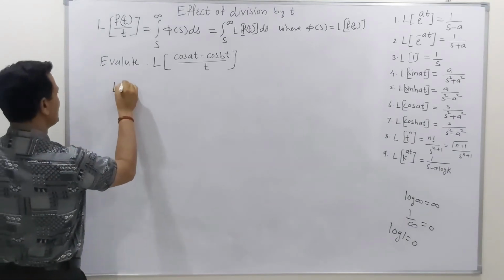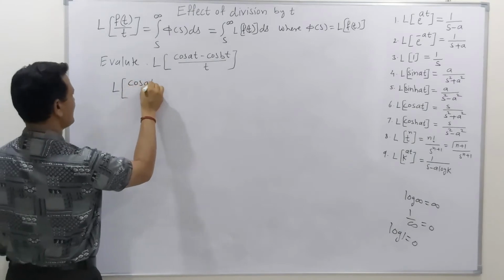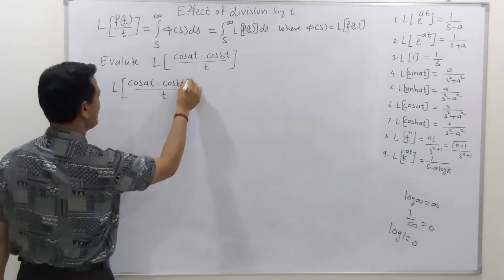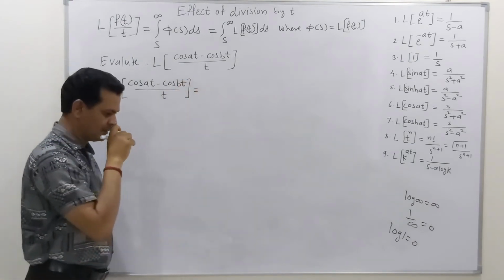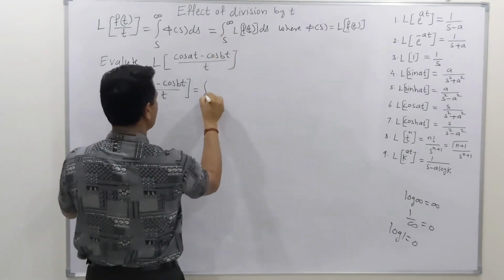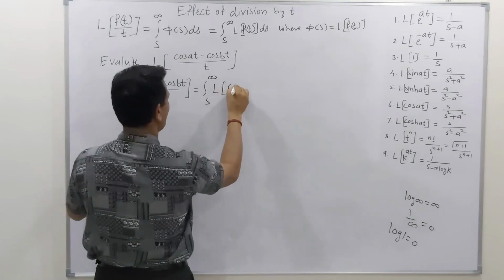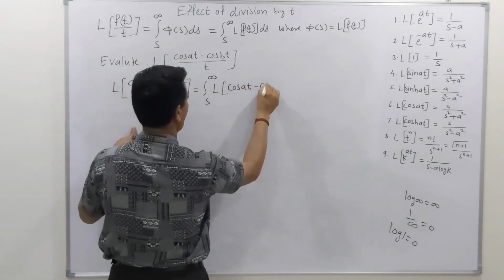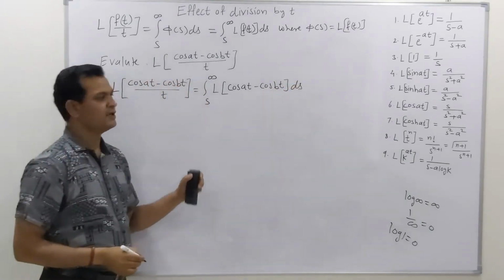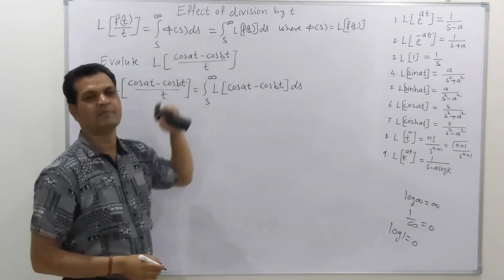Because of this t term, we apply the concept called the effect of division by t property. According to this property, the Laplace transformation of (cos of at minus cos of bt) upon t is equal to the integration from s to infinity of the Laplace transformation of (cos of at minus cos of bt) ds.